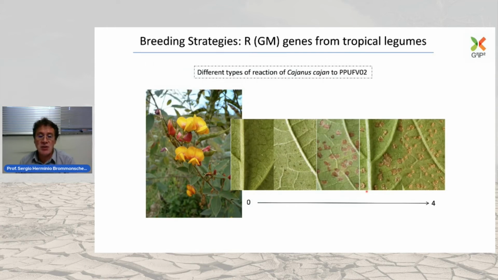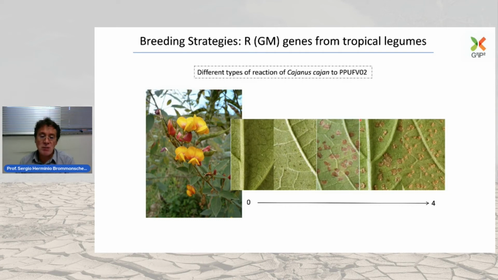For example, in Cajanus, we look inside the genetic variability of Cajanus and look for plants that were susceptible or resistant to Phacops, to our standard isolate, because we need different phenotypes to do crosses to understand how many genes are involved in the control of the phenotype, and also to map the gene and clone the gene.